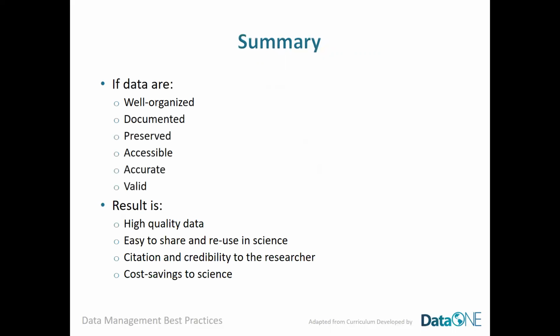If data are all those things, then you will have high quality data that is easy to share and to reuse in science. The data can then be cited by other researchers, which will add credibility to you, the researcher who prepared them. And overall, it saves time, money, and advances science.